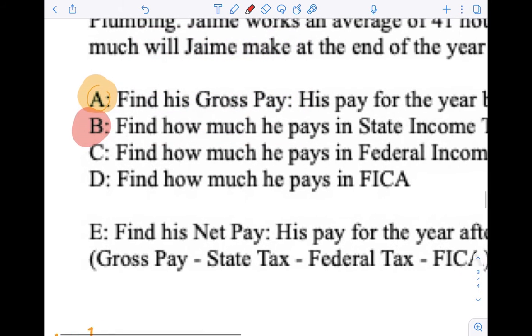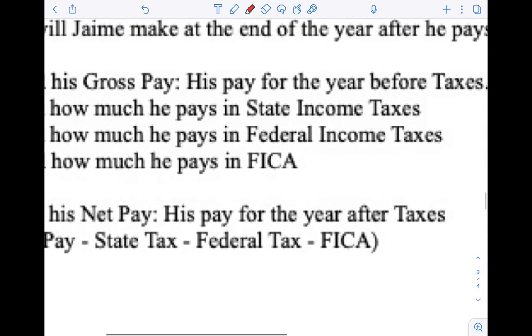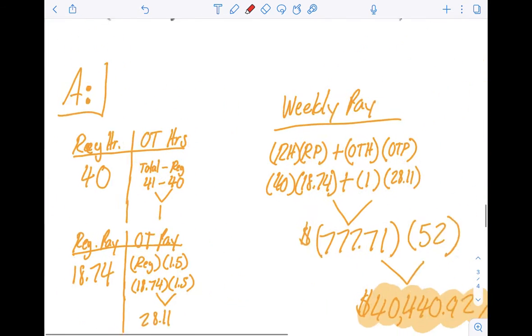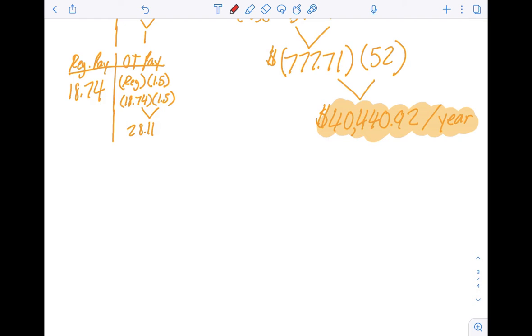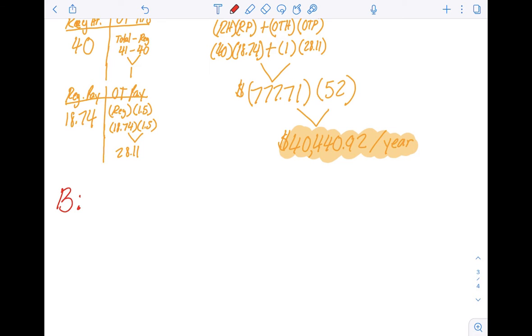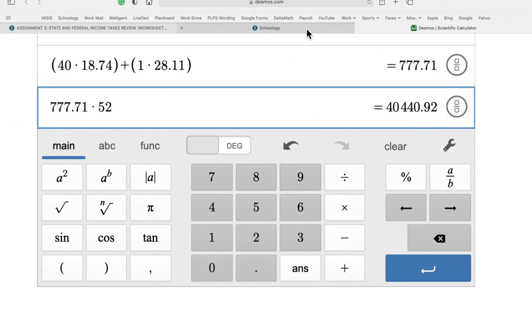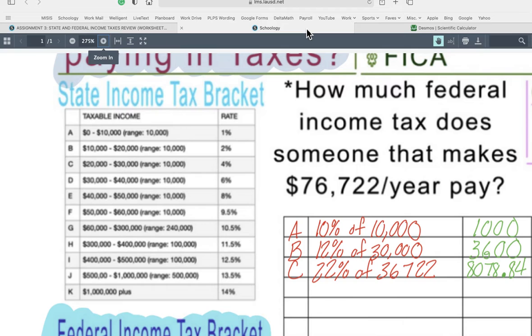B. How much he pays for state income taxes. Okay, so let's go over here and do B. How much does he pay in state income taxes? Well, we're going to look at our chart, at our notes. State income tax bracket. Here it is right here.